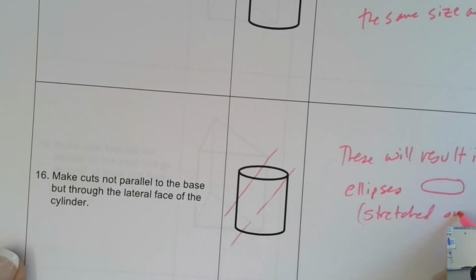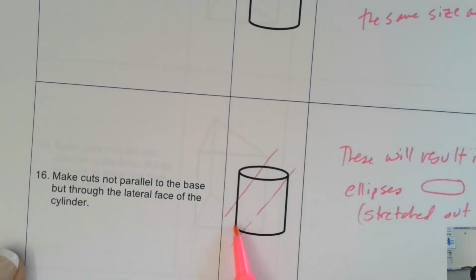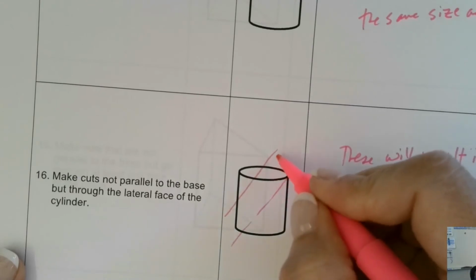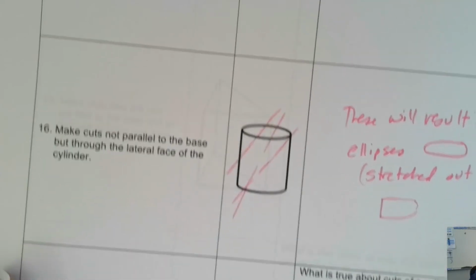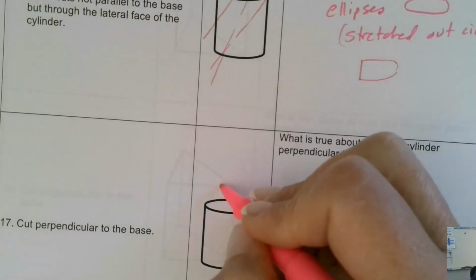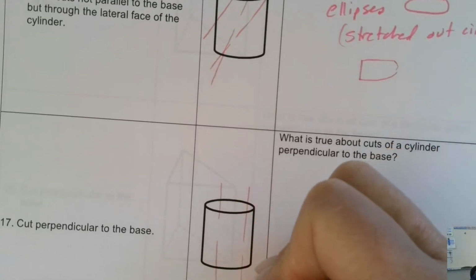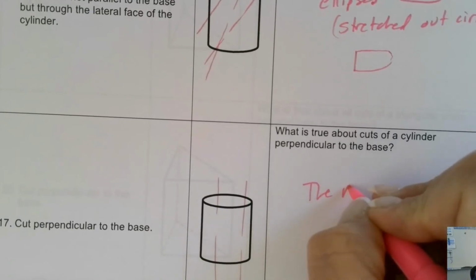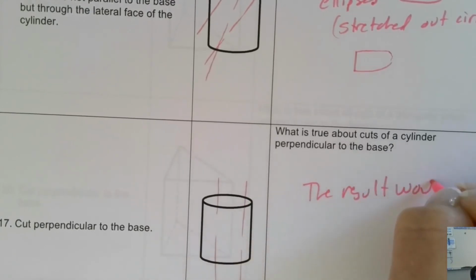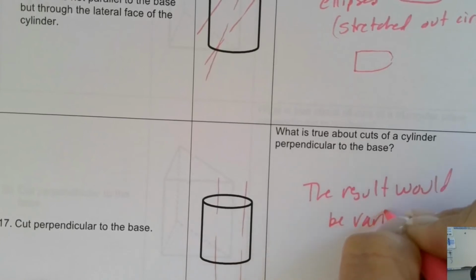Okay, and depending if you cut into the side or if it's into the circles, you might get kind of a hard end like that with like an oval type edge on the other side. Okay, and then I cut perpendicular to the base. Any of these, you will have various sized rectangles. The result would be various sized rectangles.